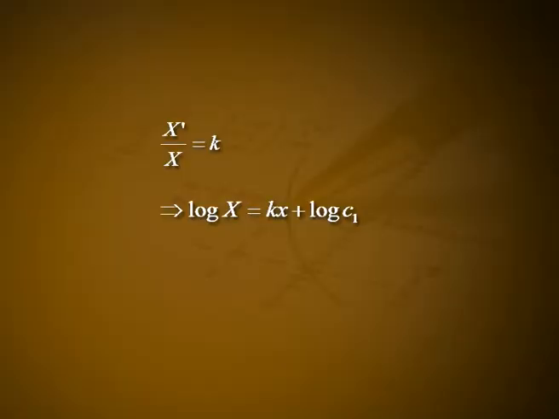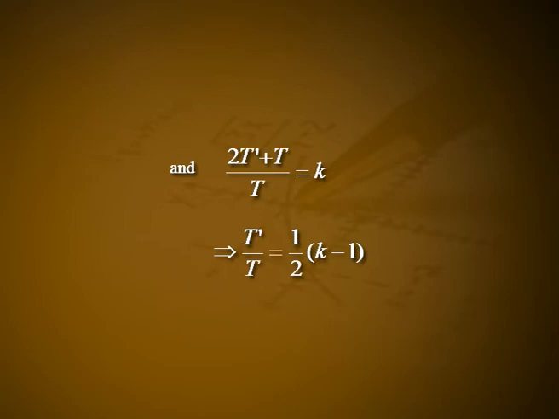Since x and t are independent, the equality holds only when both sides are equal to the same constant, say k. Therefore, X'/X = k, which implies log X = kx + log c1. That is, log(X/c1) = kx, or X = c1 e^(kx). And (2T' + T)/T = k implies T'/T = (1/2)(k - 1).